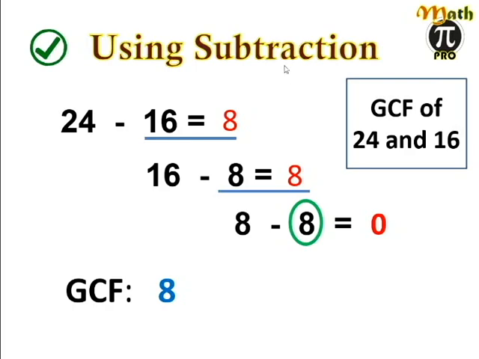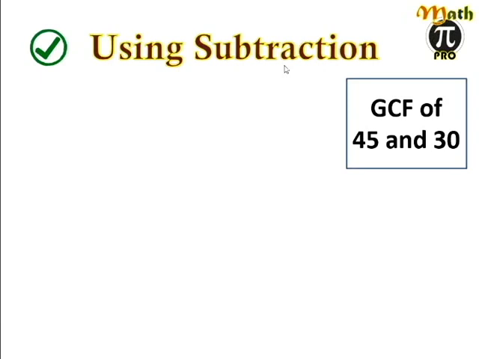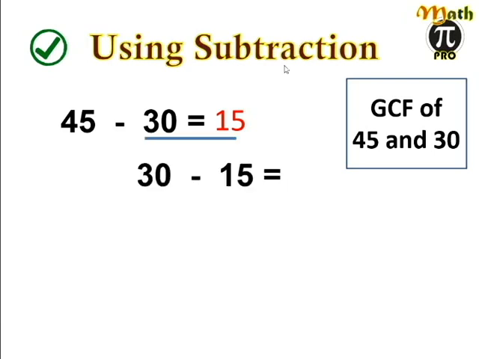Let's have another example. Suppose you want to get the GCF of 45 and 30. Again, we subtract 45 minus 30. That would give you 15. Then we subtract these two numbers again. It's 30 minus 15. So that would give you 15.